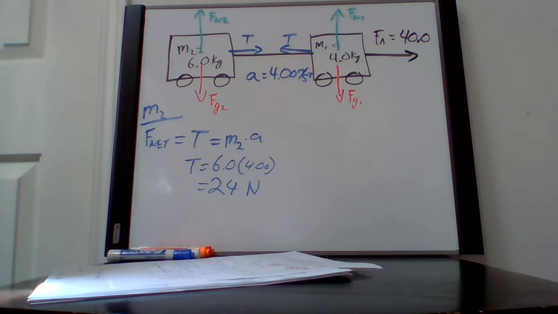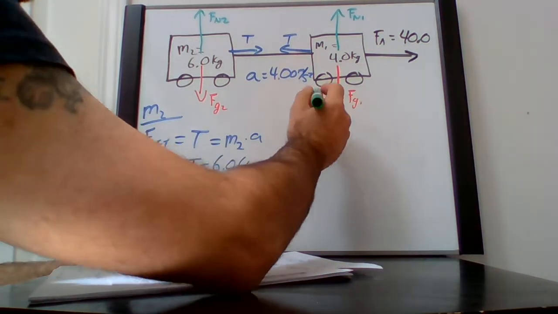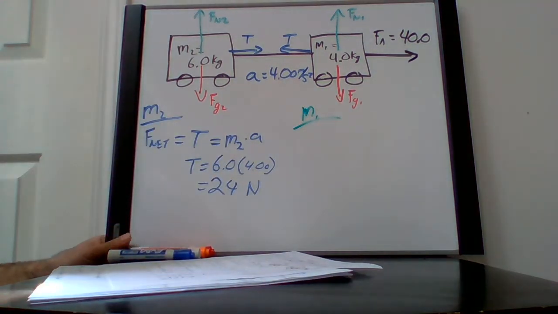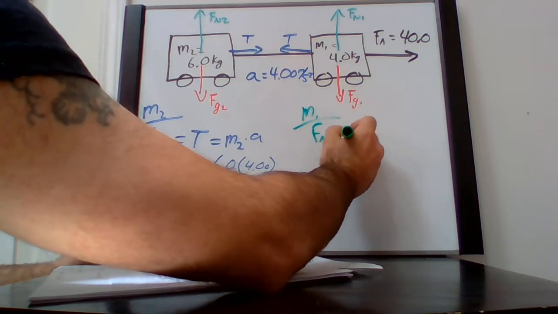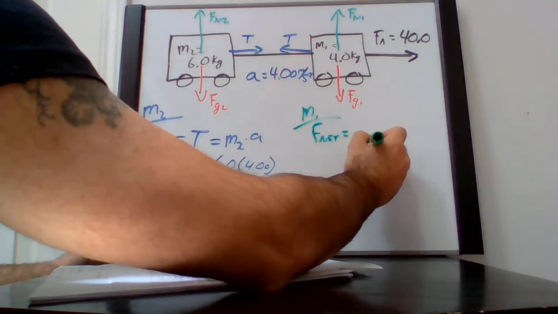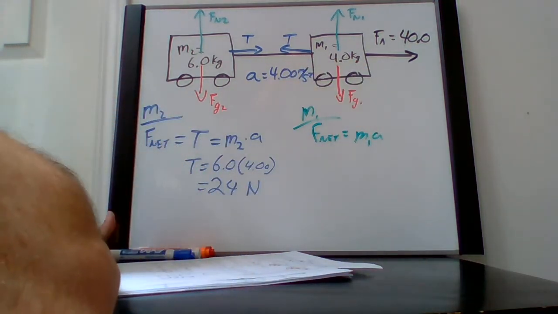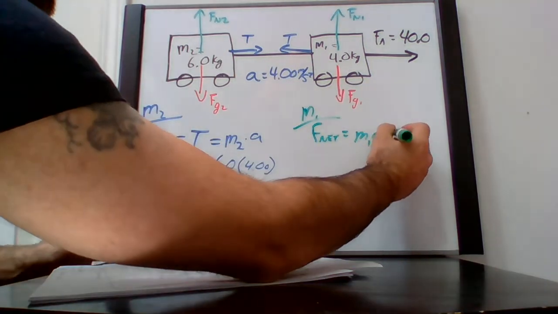Now we can also take a look over here at M1 and figure out our tension from M1. Again, we're looking at our F net. This is going to be M1 times a, the acceleration of the system on this M1. But what is that equal to here?